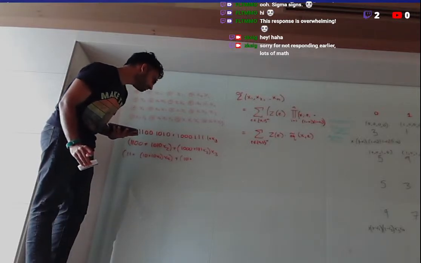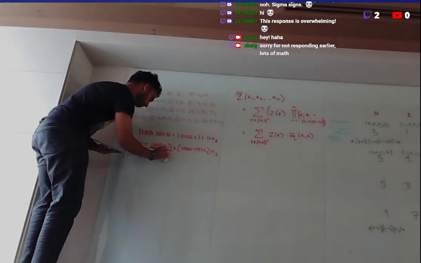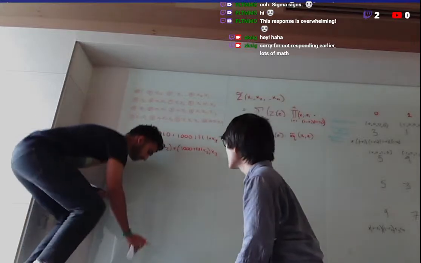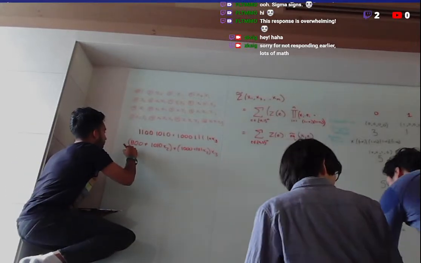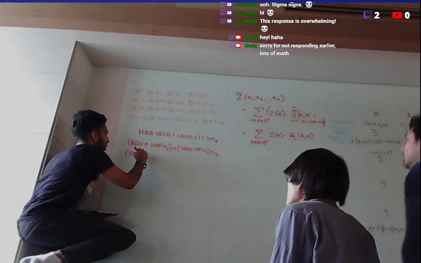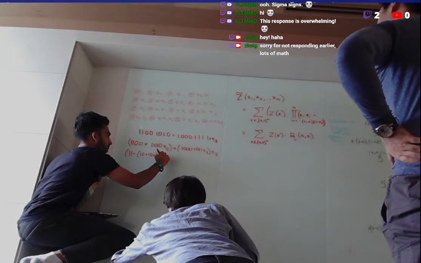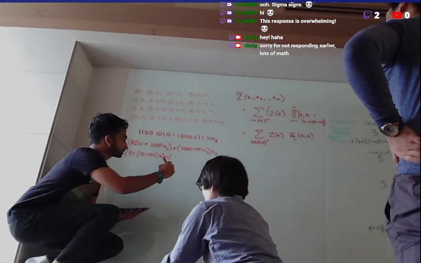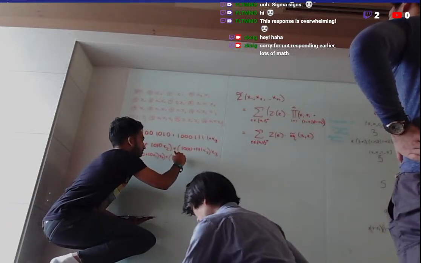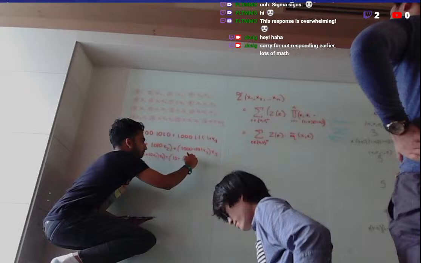Wait, what did I miss? No, okay, I was reading it wrong. I'm going to make more space so we can fit everything into one line. So 1 1 plus 1 0 plus 1 0 x1, x2, 1 0 plus 1 1 plus 1 1 x1.